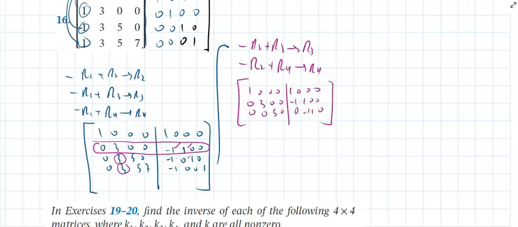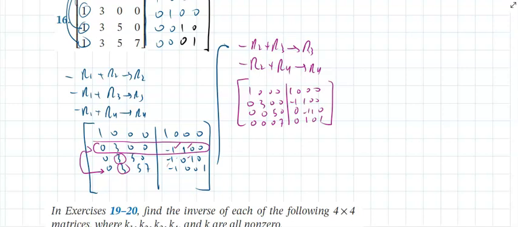And if you take negative row 2 and add it to row 4, that's 0, 0, 0, 7. Those will give you a 0. That will give you a 1, a 0, and a 1.